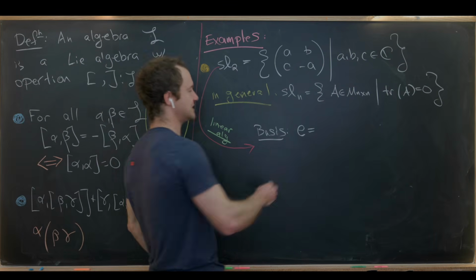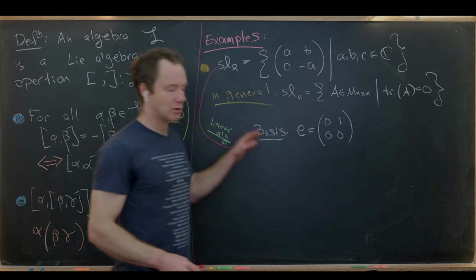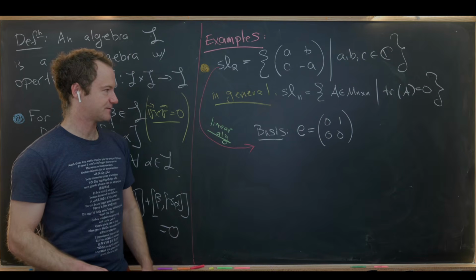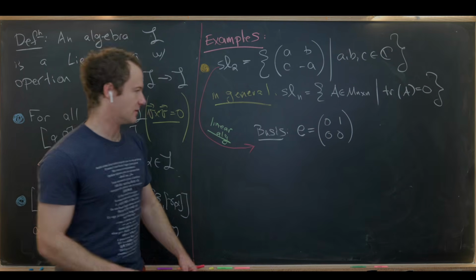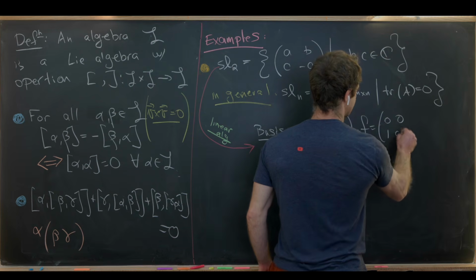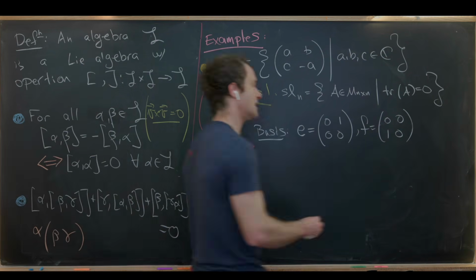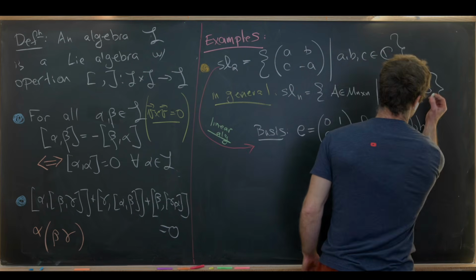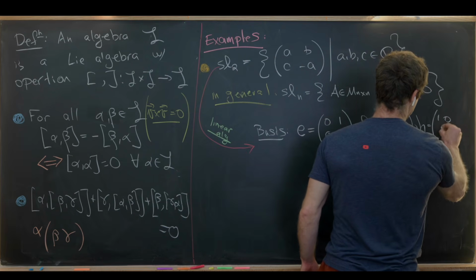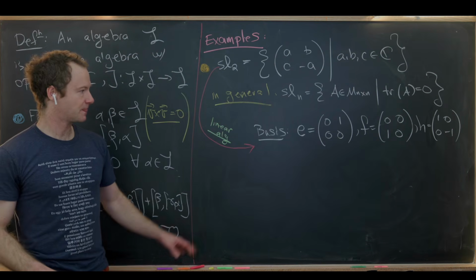Okay, so this is equal to 0, 1, 0, 0. So we'll call E that vector. Notice the trace of that is definitely 0. We'll say F is equal to 0, 0, 1, 0. Again, the trace of that is definitely equal to 0. And then H will be the diagonal one: 1, 0, 0, minus 1.